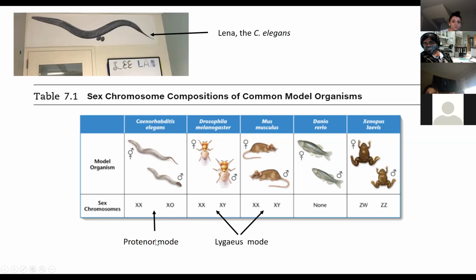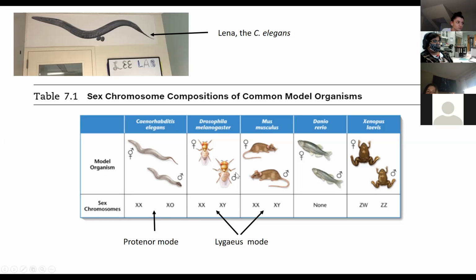It's an odd little nematode, you know. So remember this guy, please, or we're going to have an unhappy Lena. So please do remember it.